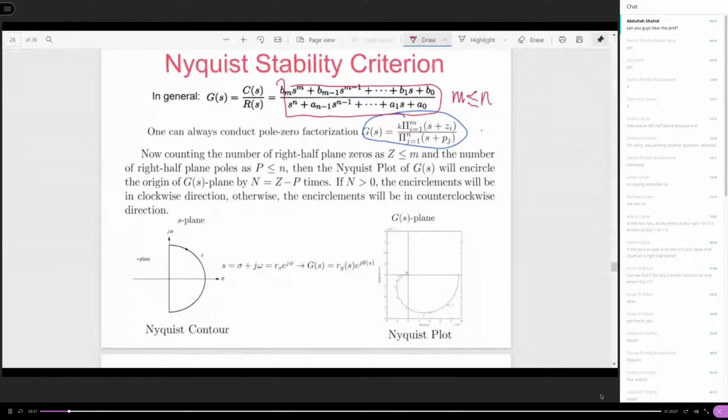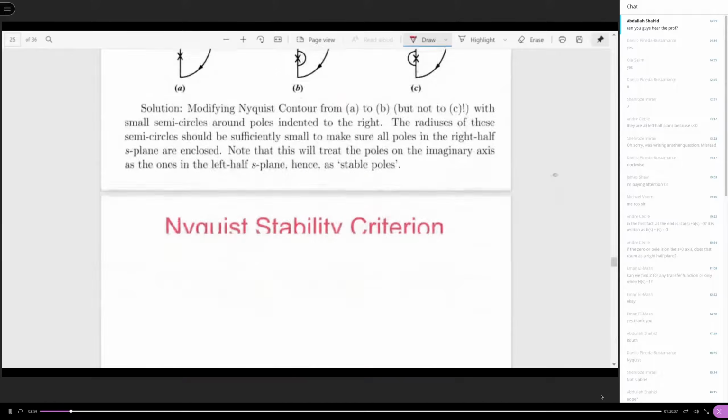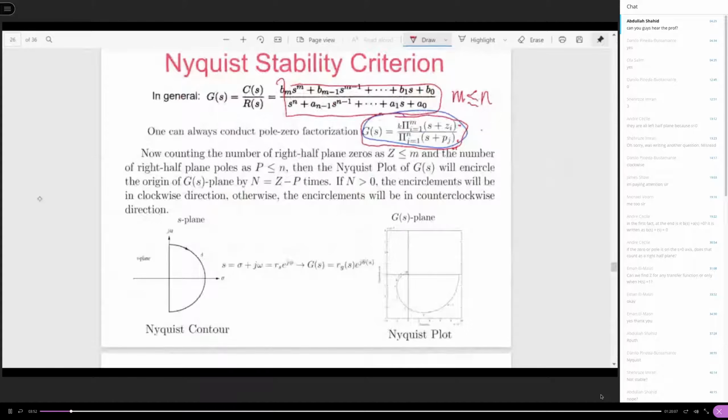As long as you have the polynomial, I can always factorize my transfer function in the pole and zero format. Because the order of the numerator is m and the power of the denominator is n, apparently I'm going to have m zeros and n poles.